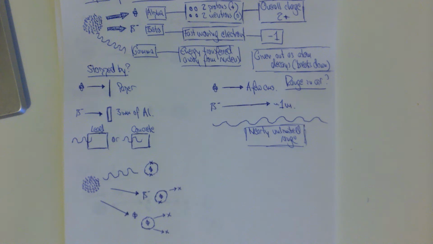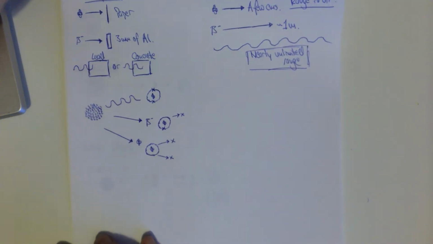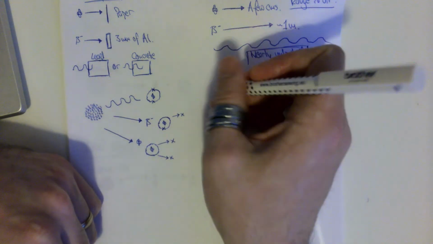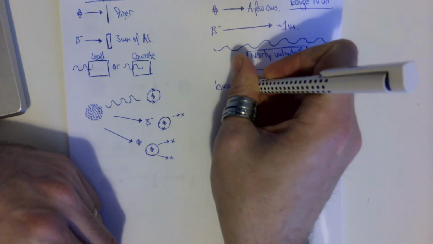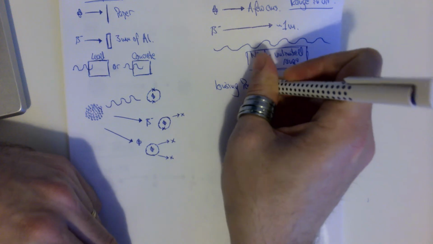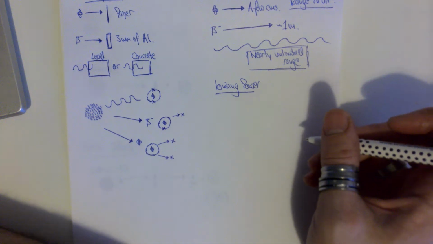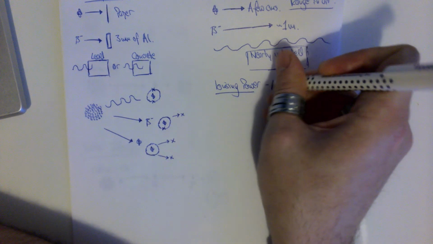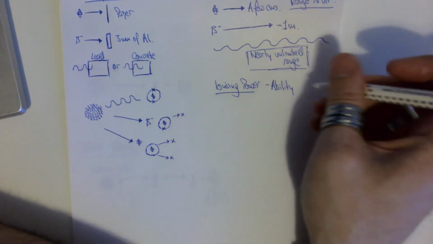And then the final property of each of these types of radiation that it's important to be familiar with is what we describe as their ionizing power. So, in other words, their ability to knock electrons out of orbit from other atoms.